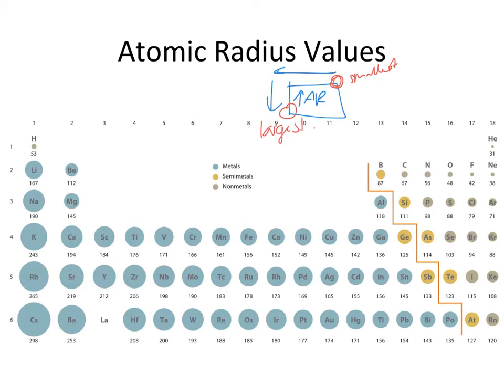In the same period, hydrogen and helium have the smallest atomic radius, so they have the smallest atomic radius in the periodic table. And same thing here, when we look at the bottom left, cesium should have the largest atomic radius, and so it does. There's nothing else larger in the periodic table, at least in this view over here. So we see that it does fit our actual trend.